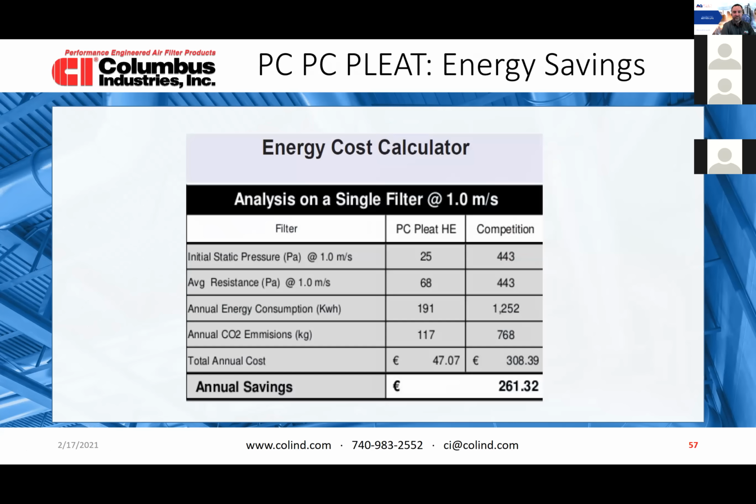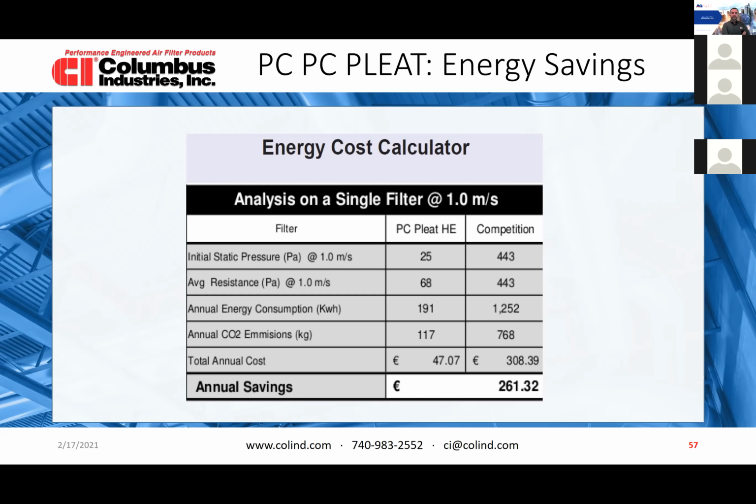Another thing that we do is we measure the energy consumption. We compare the average pressure drop from start to end of our filter to other filters. And we have a calculator that you can use, Jorge and team, that calculates how much electricity you're consuming in 1 year for every single opening.